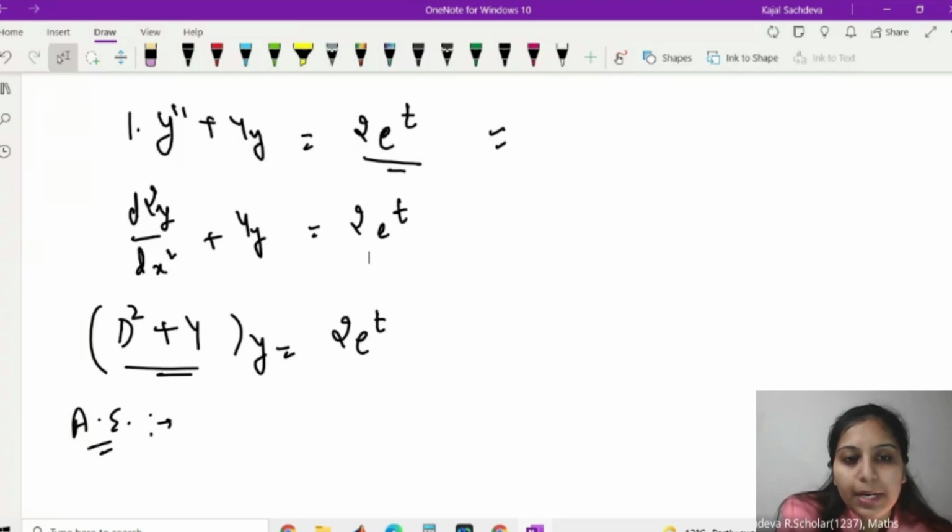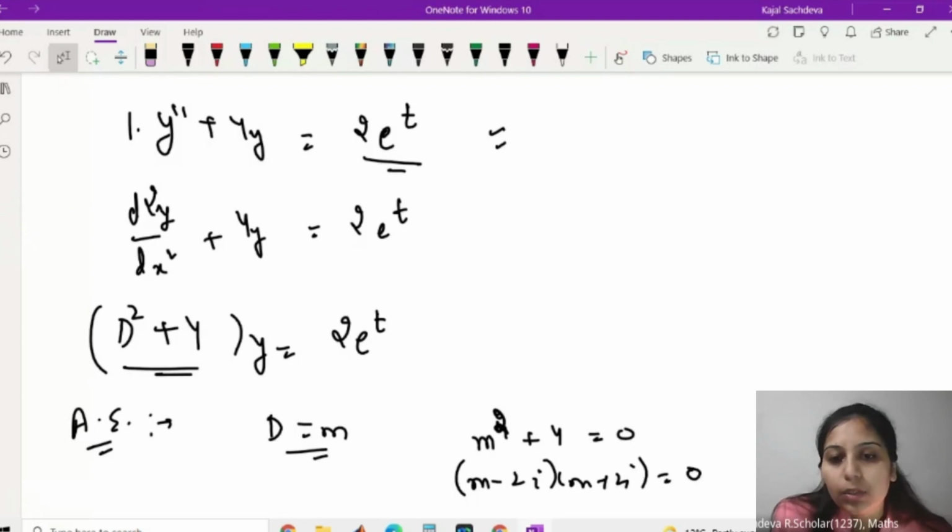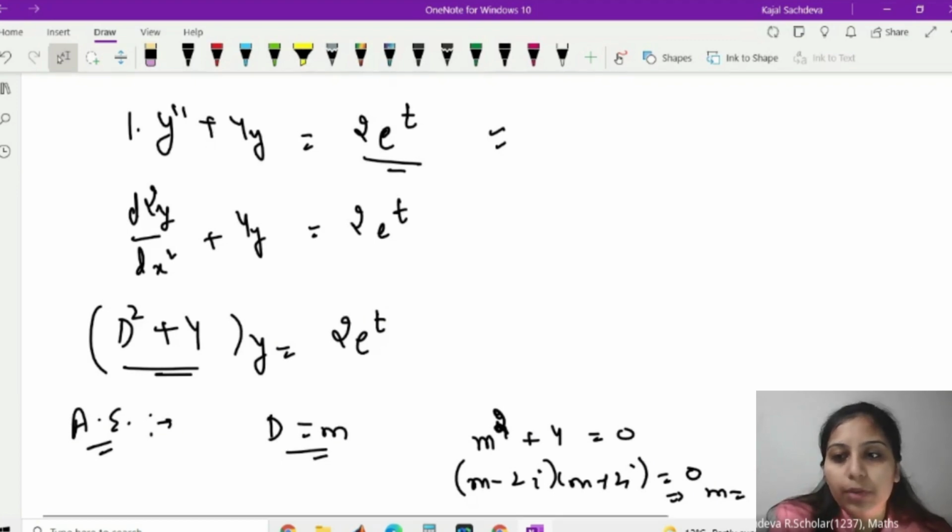For writing the auxiliary equation, replace D by m. We get m square plus 4 is equal to 0. So what are the roots here? This can be written as m minus 2 iota, m plus 2 iota is equal to 0. We get the roots m is equal to 2 iota and minus 2 iota.